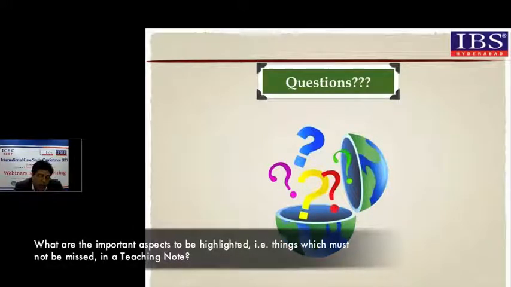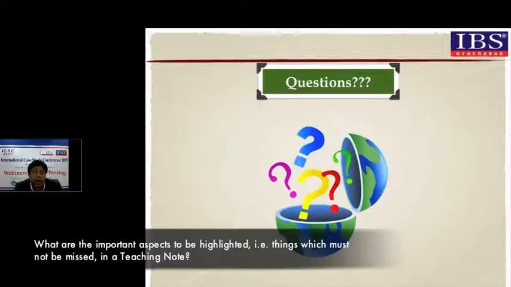Another question is, what are the important aspects to be highlighted, that is, things which must not be missed in a teaching note? Some things that should not be missed are the questions and the analysis, which are extremely important. What teaching objectives there are is also extremely important.